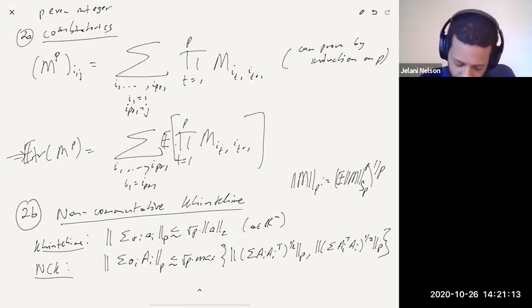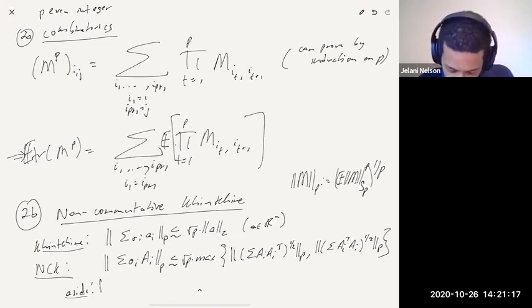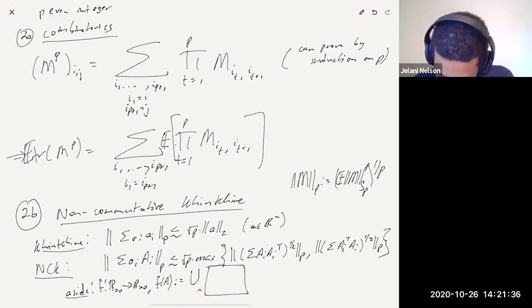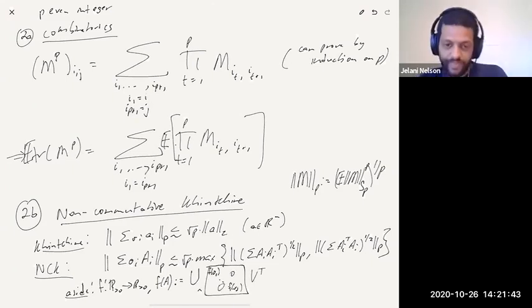In general, just an aside, if I have a function f which maps positive reals to positive reals, then when I write f of A, like A to the 1/2, what I mean by definition is U times diag(f of sigma 1, ..., f of sigma d) times V transpose.